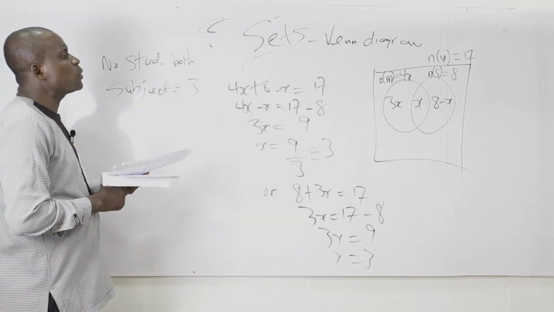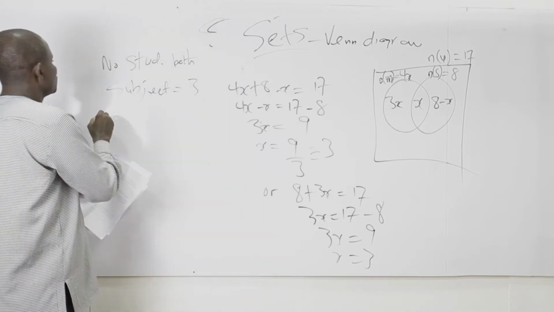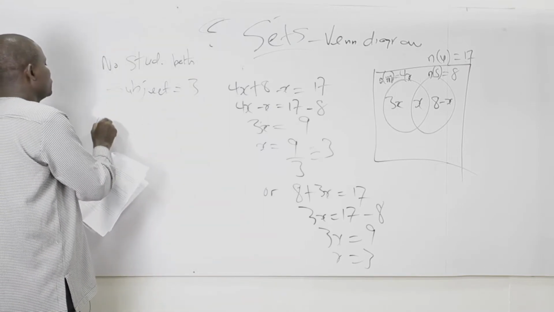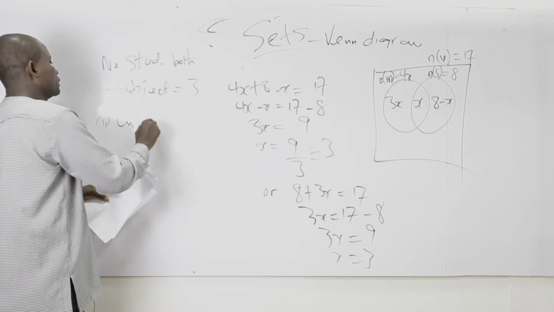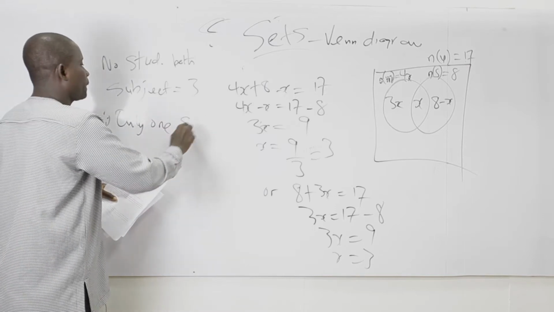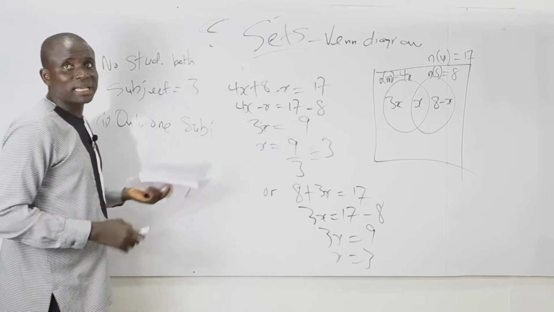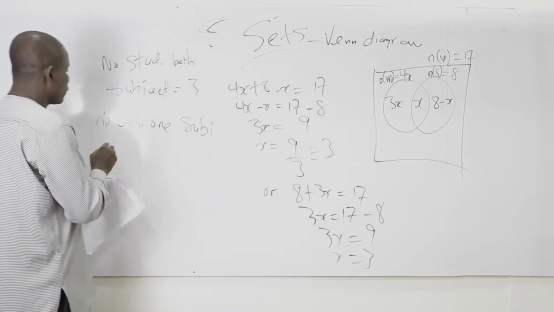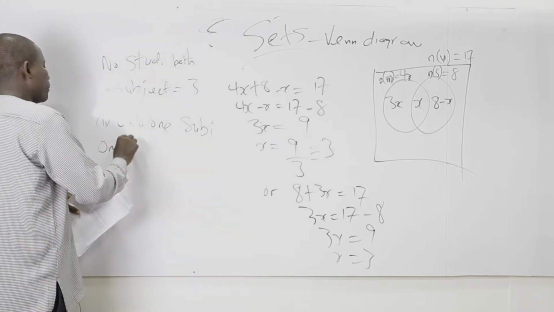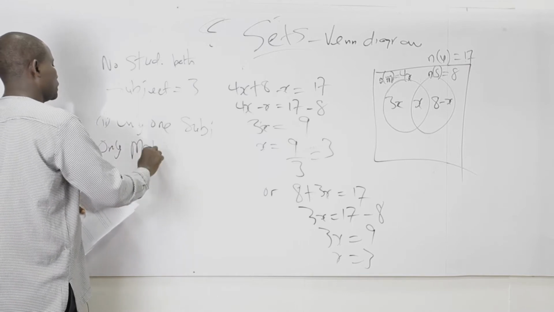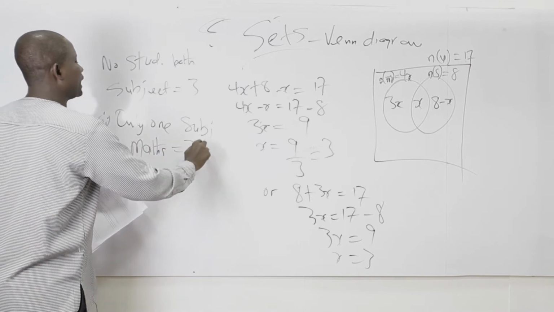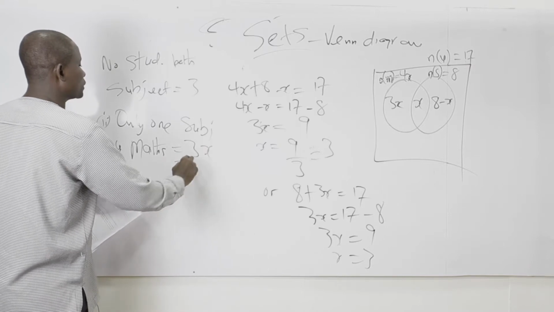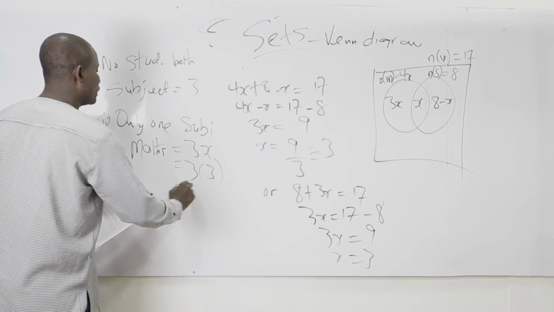Then he says only one subject. Only one subject, and for only maths we have 3x. And 3x is 3 times 3. That is equal to 9.